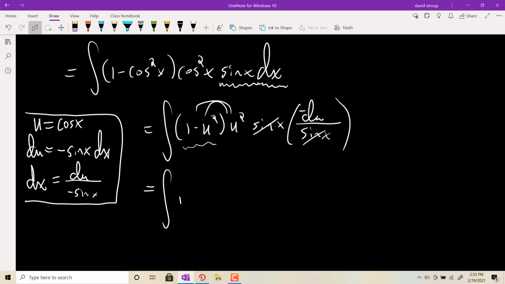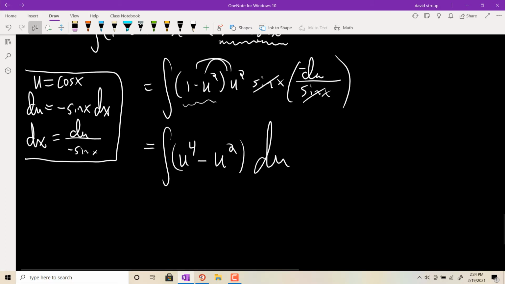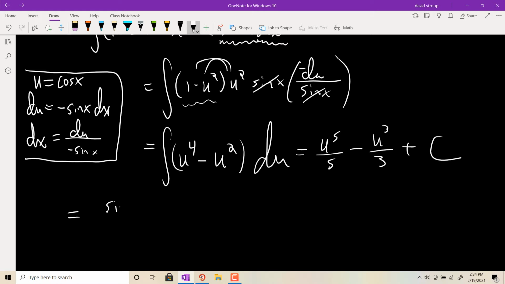So I end up with positive u to the fourth minus u squared, because I just like leading coefficients to be positive. It's just the way I was raised. So the integral of u to the fourth is u to the fifth over 5. Integral of u squared is u cubed over 3. And then we have a plus c, and then you back sub and you're done. So you have this weird polynomial in terms of trig functions.